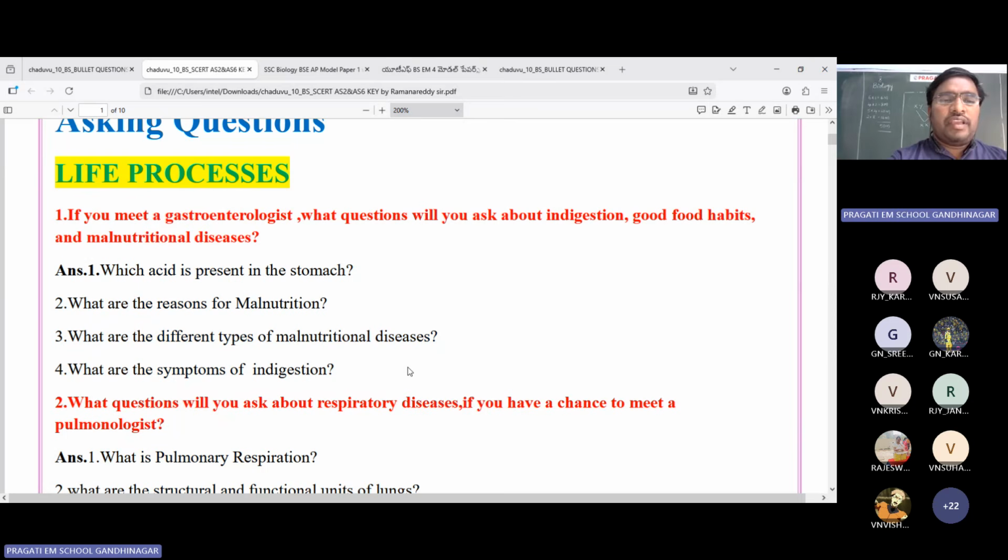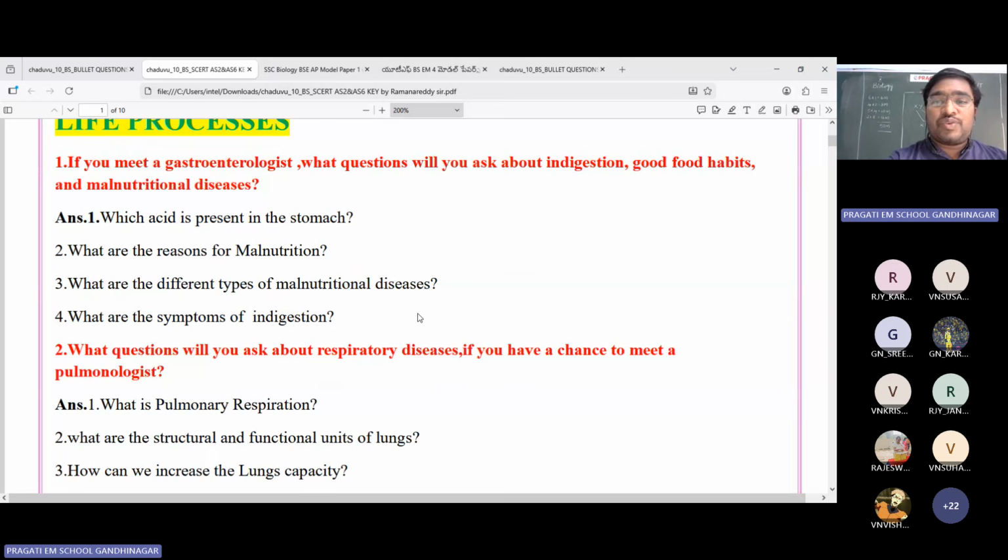If you meet a gastroenterologist, what questions will you frame about indigestion? See this question, children. What questions will you ask about indigestion, good food habits, and malnutritional diseases? See, in this question, they mentioned indigestion, good food habits, malnutrition.